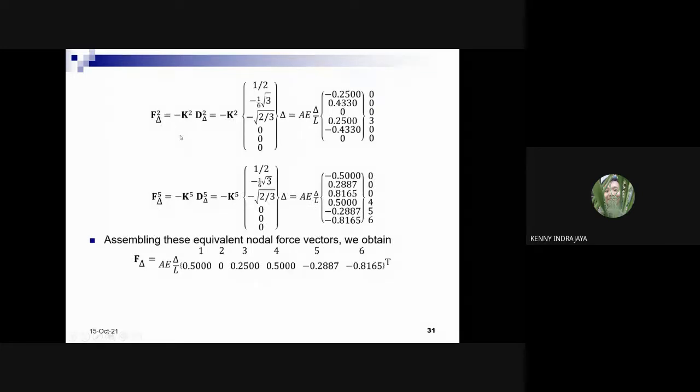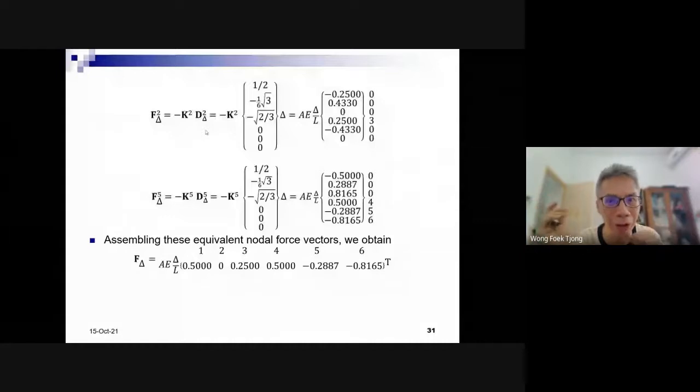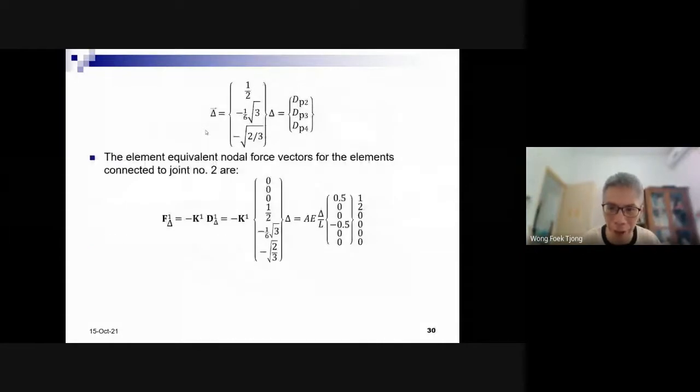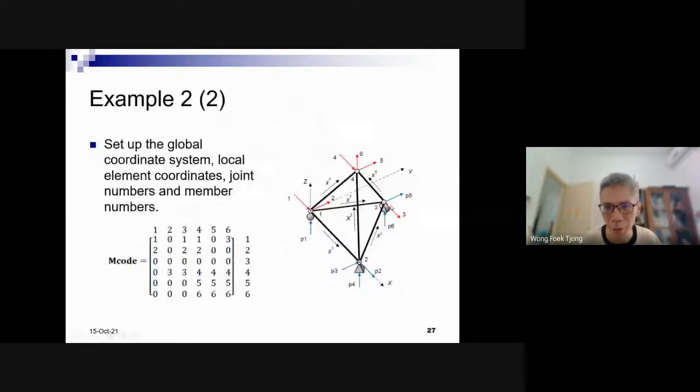Although the actual displacement at node 3 on the x-axis is 0, we still give it 0. This is just for computation of F delta, no more than that.